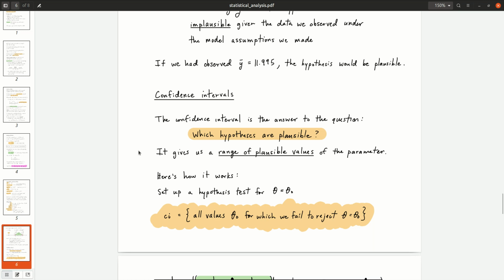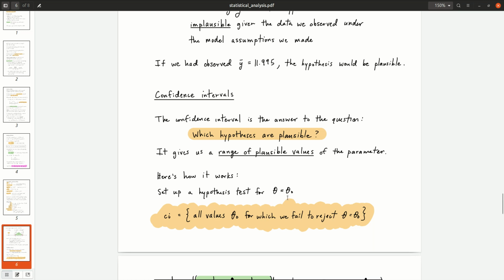What a confidence interval gives us is a range of plausible values of the parameter. And here's how it works. Actually, this is just one way that works, but I think this is the easiest to understand. So the way it works is we set up a hypothesis test for some specific hypothesis. And so everything works the way we just laid out for null hypothesis significance testing.